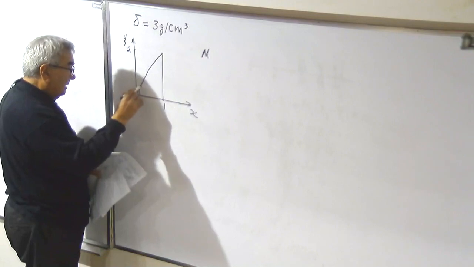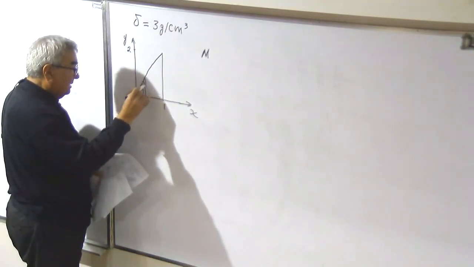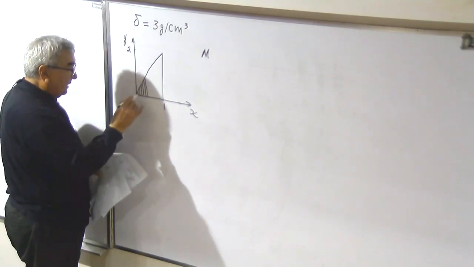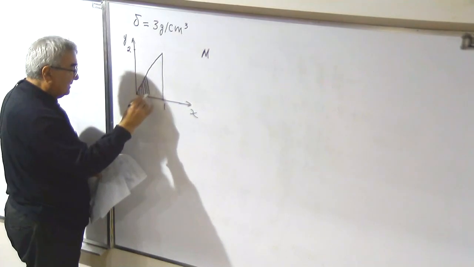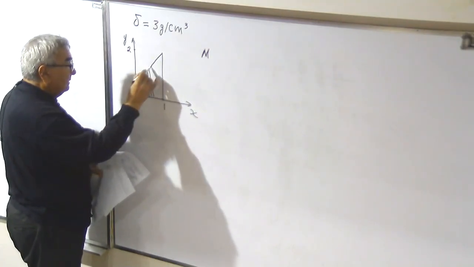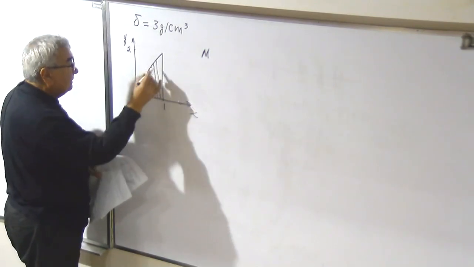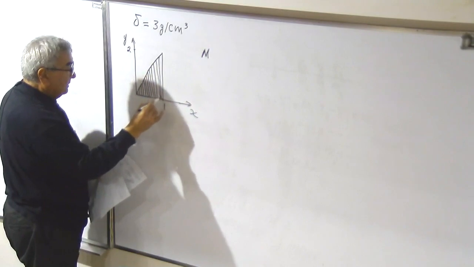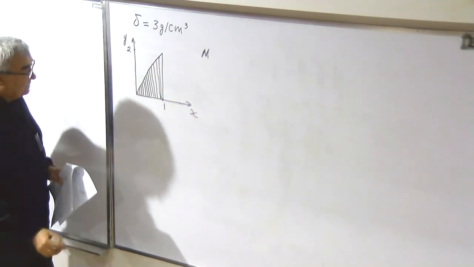You see, the width of these strips is very small, and it is dx. This is a vertical strip.